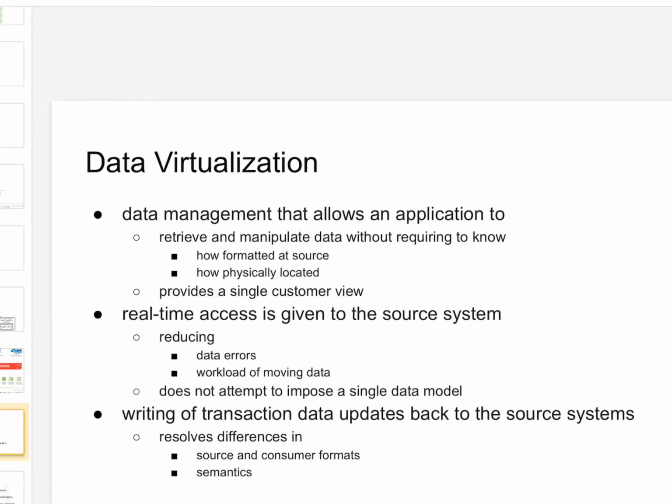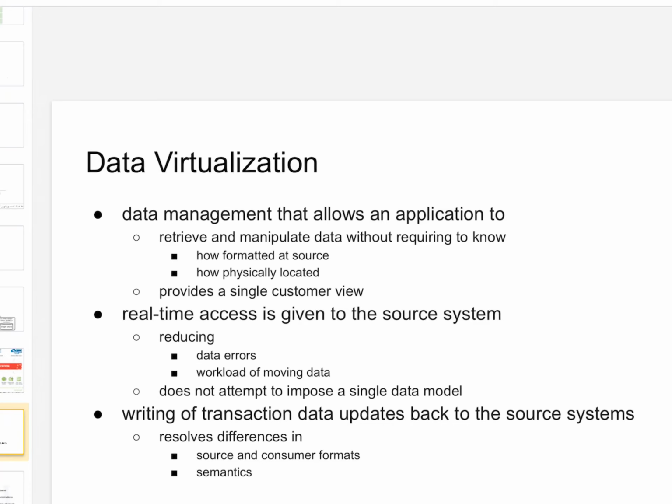And this data virtualization layer should provide us a single customer view wherever the data is, irrespective of where the data is located, irrespective of how data is stored and in what format. So we always, as a client, would have a single customer view out from that virtualization layer.